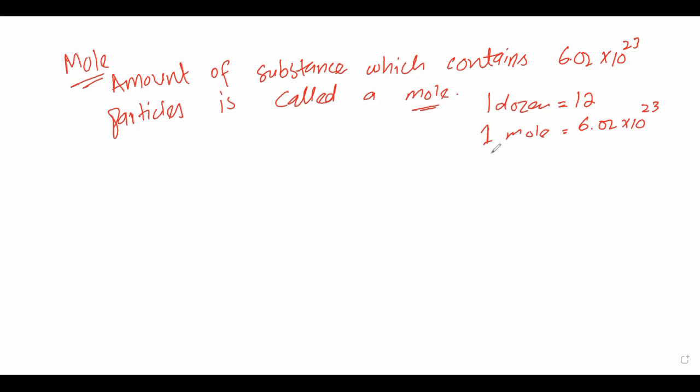And if it is a compound, an ionic compound, it will be containing the formula units. But this is the constant for 1 mole, and this is called Avogadro's number. 6.02 multiplied 10 raised to 23 is called Avogadro's number. And we represent it like this. That's okay, you have got it.